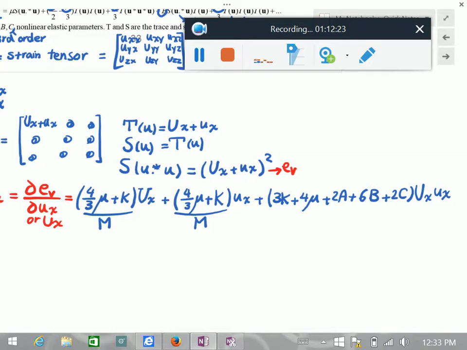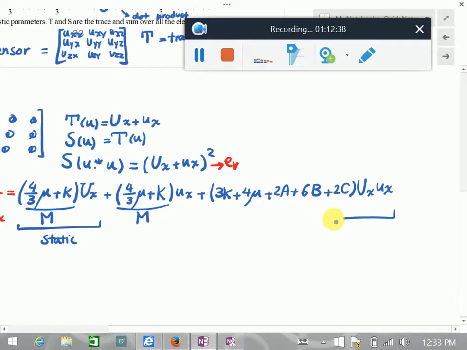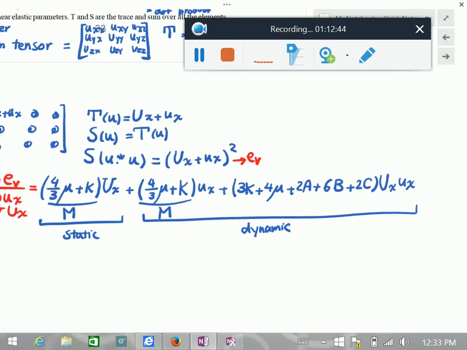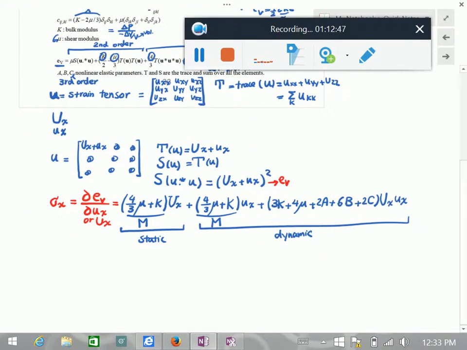Now, we can divide this into a static and dynamic part. So we call this part static and this part dynamic. For obvious reasons, right? So if we take the second derivative of the dynamic stress, we want to get the wave velocity.